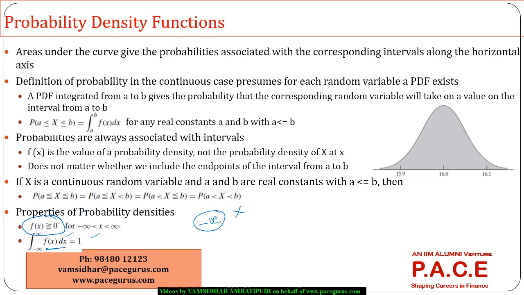We are integrating between minus infinity to plus infinity, which means over the whole range of possible values. So within that range, if I am doing an integration, the value should be equal to 1. So these are some of the common rules that we really need to keep in mind before solving any of the numerical problems associated with continuous random variables.